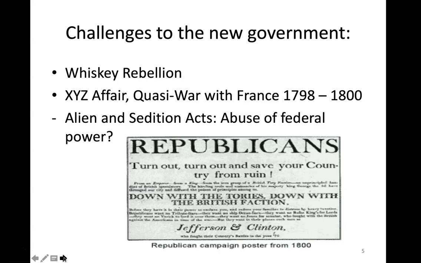All right. So this was successful, by the way, in quelling the rebellion. But when we think about the Whiskey Rebellion and putting it in the context of this new republic being a republican form, well, yeah, basically ruled by the people, excuse me.